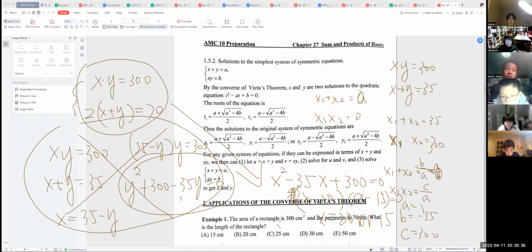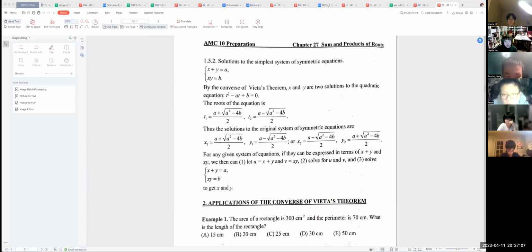I know x1 equals 20 and x2 equals 15. So what is the length of the rectangle? 20. So the answer is B. Why can't it be 15? It says length, meaning the longer side. You already know one is 15 and one is 20, and usually a rectangle's length is the longer side. Get it, Austin?